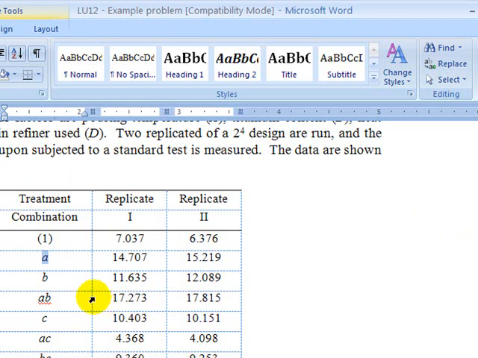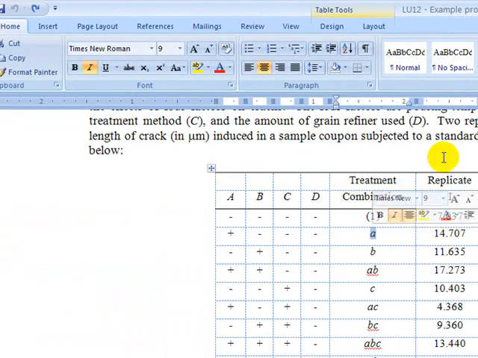So if you have only this letter, you should be able to tell which levels of the 4 factors were used for this particular trial, right?